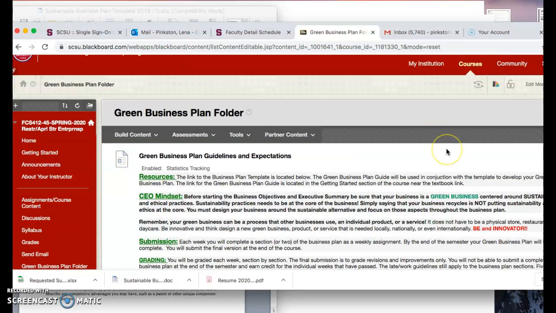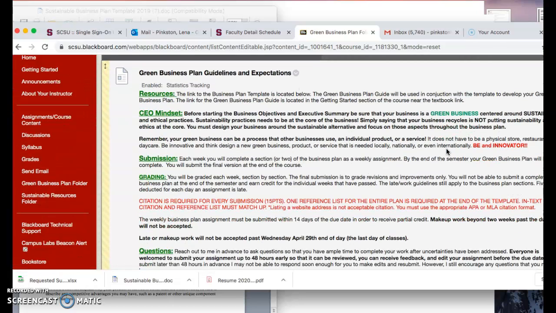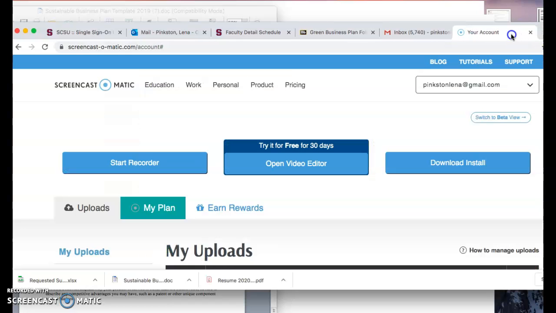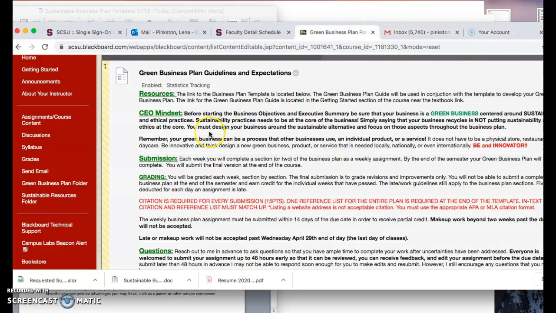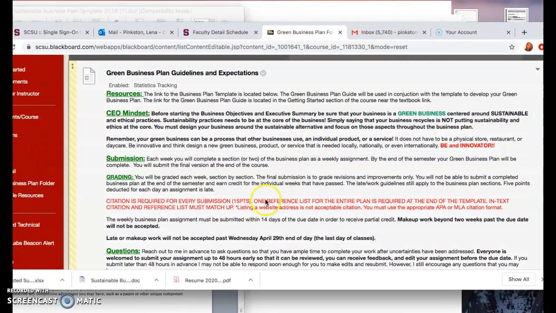It gives you the guidelines and expectations for this section of the course. Okay. So it tells you your resources. It tells you your mindset that you need to address this assignment in.